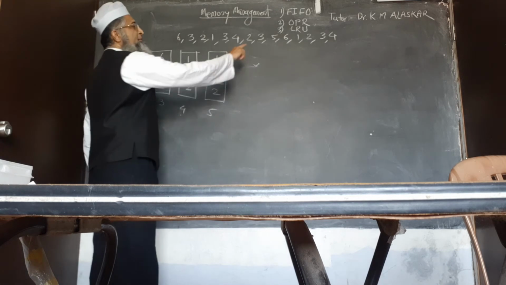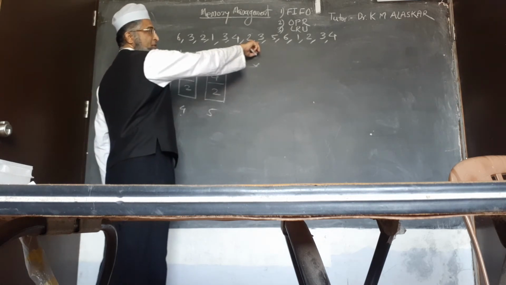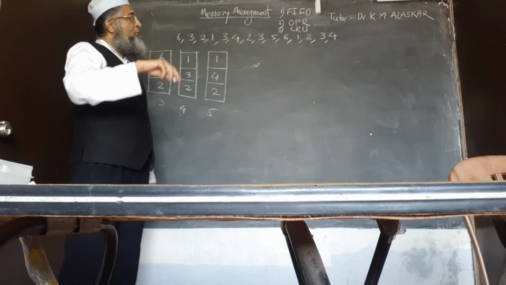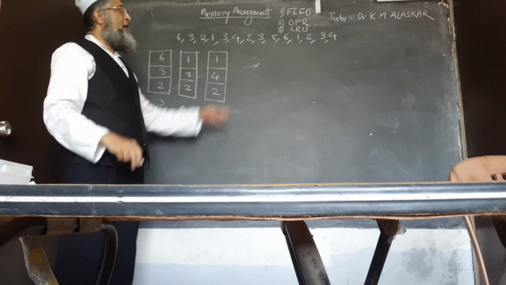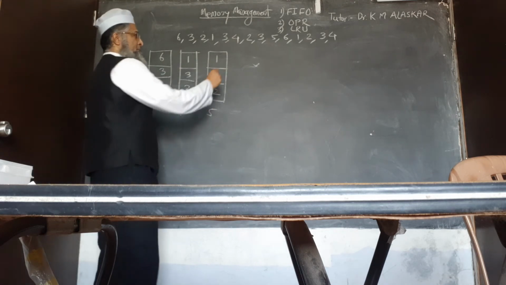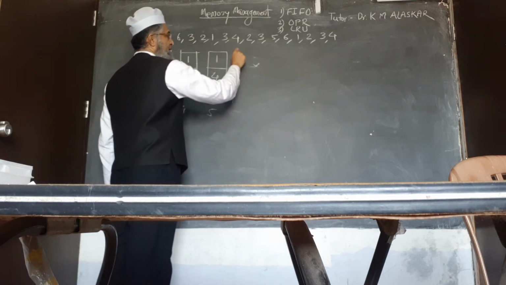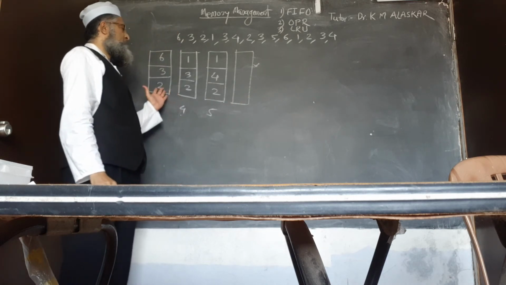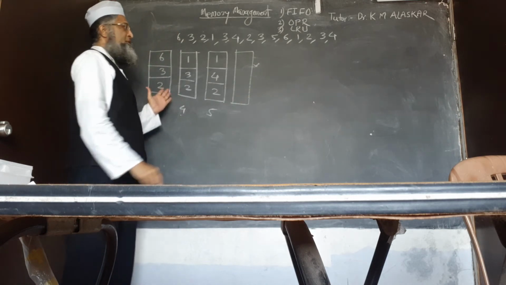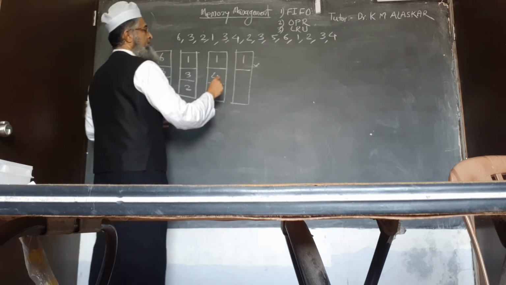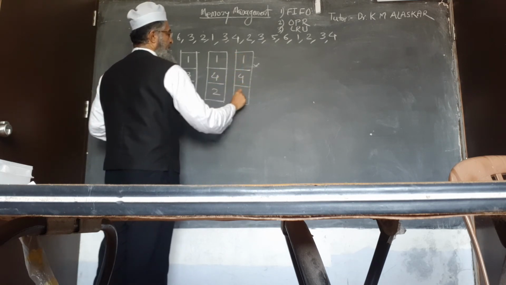But again 3 will be required. So this is the difference between FIFO and LRU, and what will be more powerful is the OPR, optimal page replacement. Now in this case again 3 will be required, but see, this page number 2 comes first, so we will remove that page. 1, 4 and then 3.